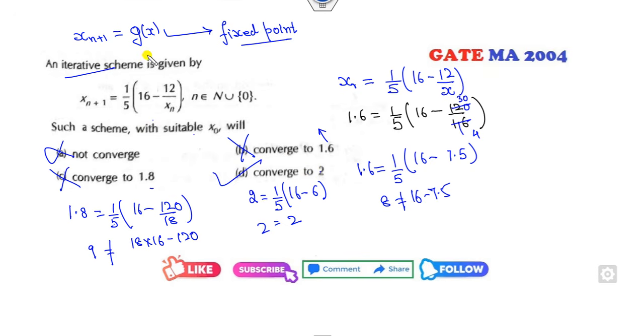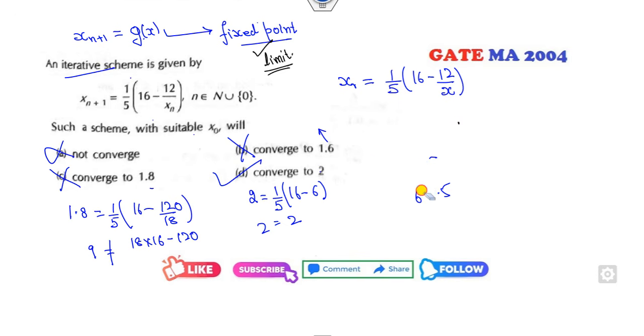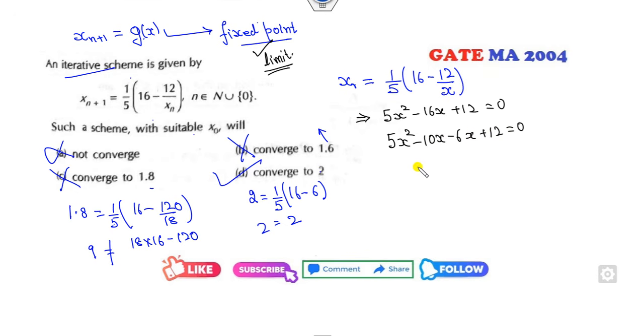Fine. Because whenever the iterative scheme converges, it converges to the fixed point, and the fixed point is always the limit point. The second method is, instead of this, I can find the limit point. How can you find the limit point? I can solve this equation. So it will be 5x square minus 16x plus 12 is 0. 5x square minus 10x minus 6x plus 12 is 0.